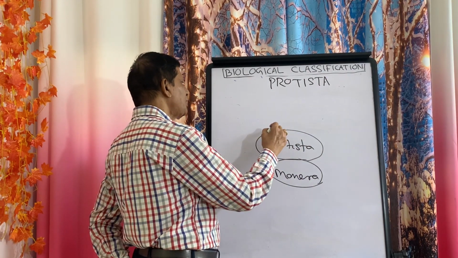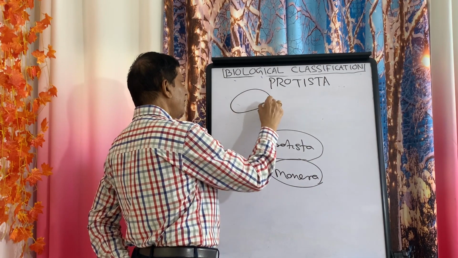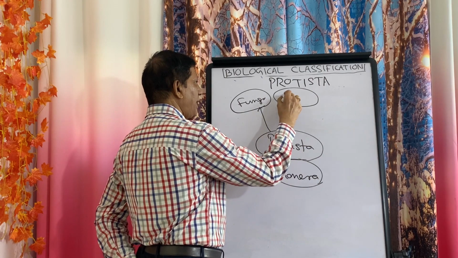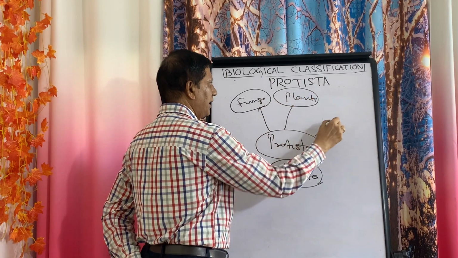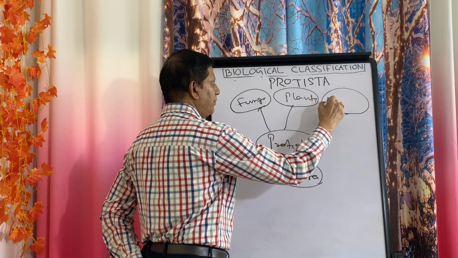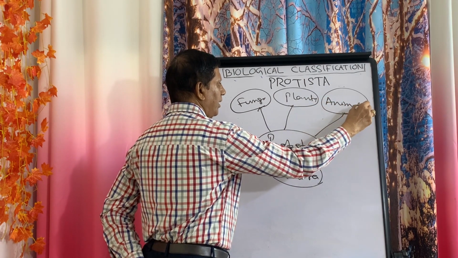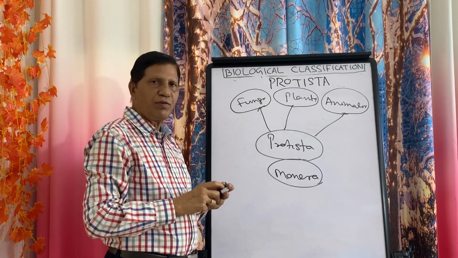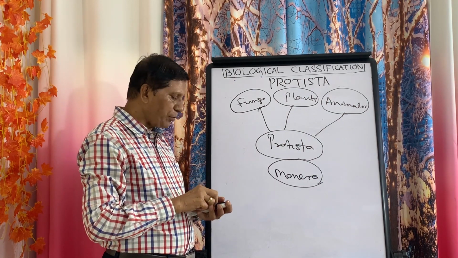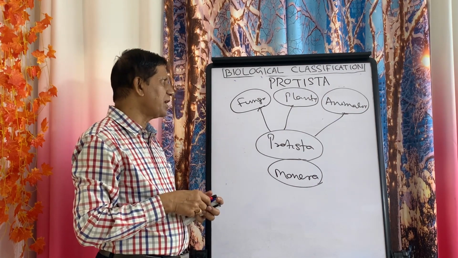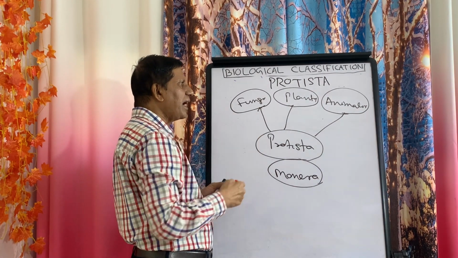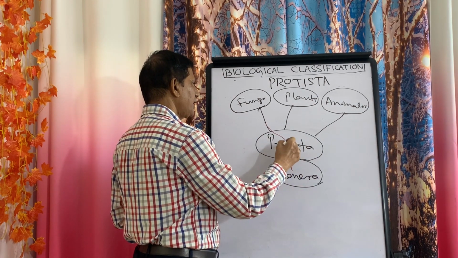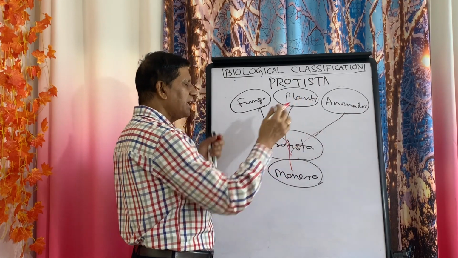Then from this Protista, in one line the fungi, in the other line the Plantae, and in another line you will find the Animalia. That means during the course of evolution, first the Monera were formed, and from the Monera the Protista was developed, and from the Protista fungi, plants and animals developed in different directions.